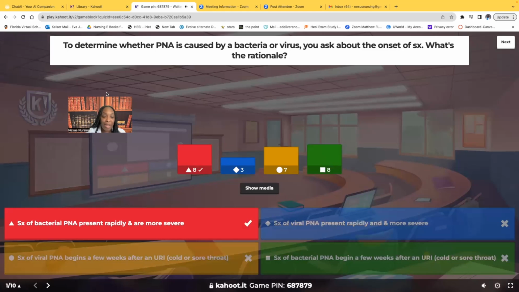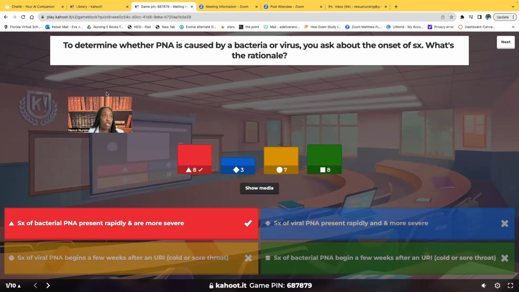Okay, good. 8 of you chose the correct answer, but 8 of you chose the wrong answer. So let's talk about this. When you're trying to figure out just from the clinical manifestations if it's most likely bacterial or most likely viral, your key is going to be the onset. When it comes to bacterial pneumonia, the onset is much quicker.